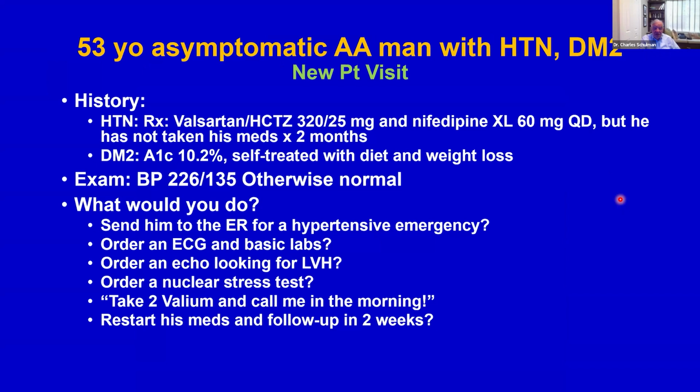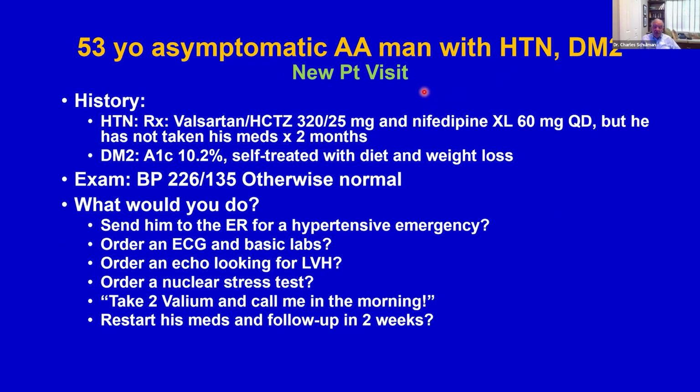So here is a situation that I think a lot of us face. Here's a 53-year-old asymptomatic African-American man. This was actually an e-consult sent to me by a clinic provider in Florida. The man was from the Bahamas, had come to Florida with a history of hypertension and type 2 diabetes.